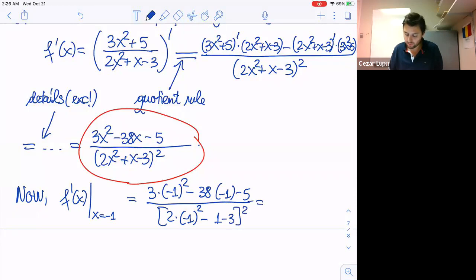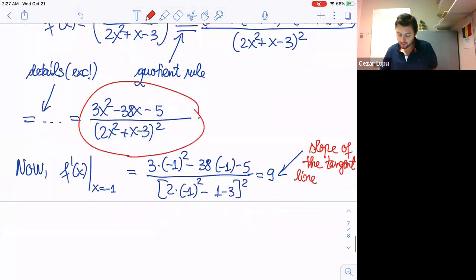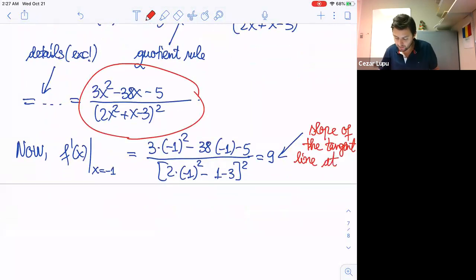And this will give us 9. And this is nothing else than the slope of the tangent line at the point x equals -1. So this is number 9 here. Okay.